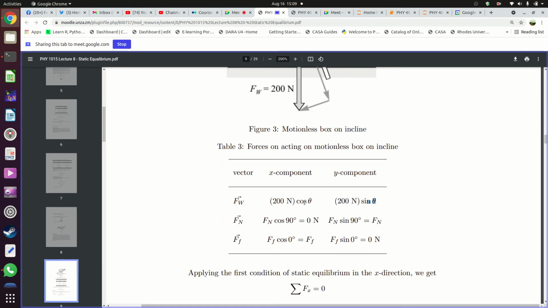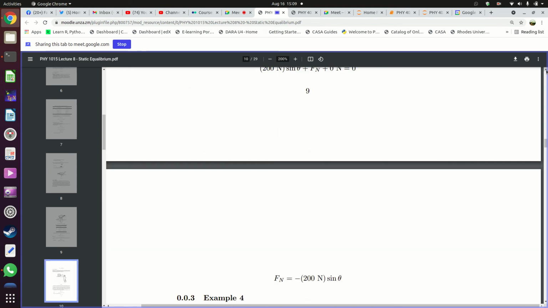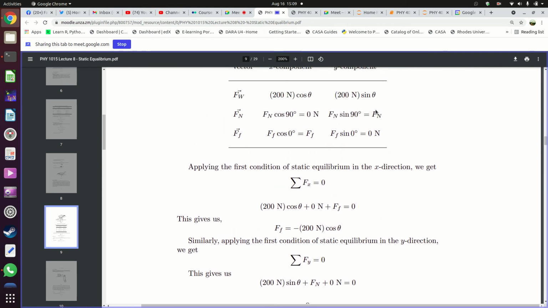We don't know what the theta is. We measured from this side all the way up to here. If we choose this to be the positive x, then this bit will be the negative x. Then for Fn, you're going to have Fn cos 90, which is just nothing, 0 degrees.